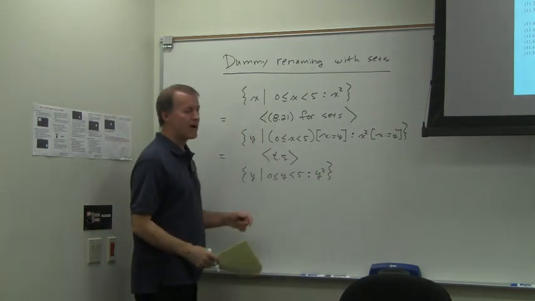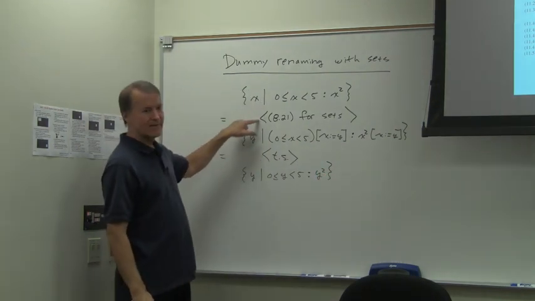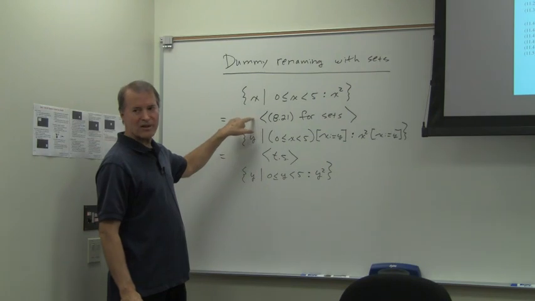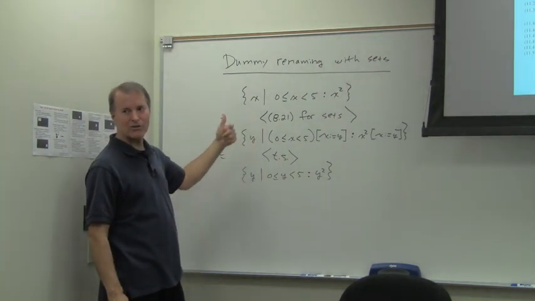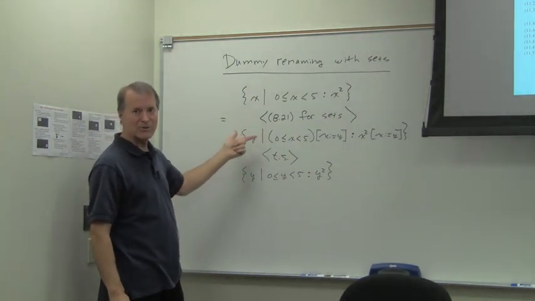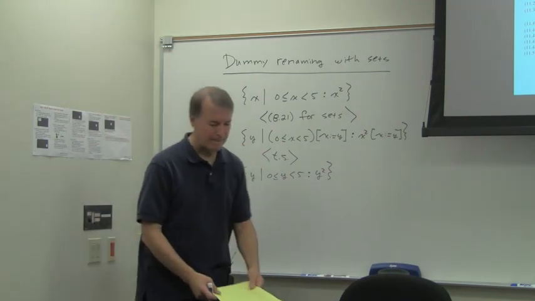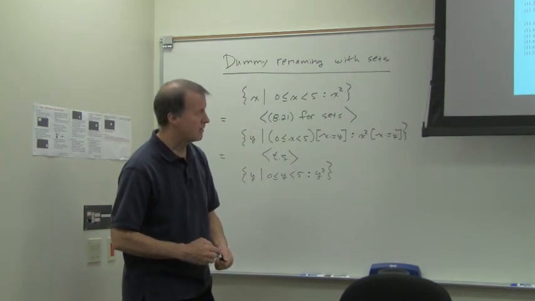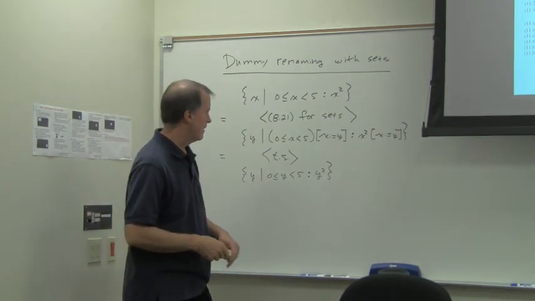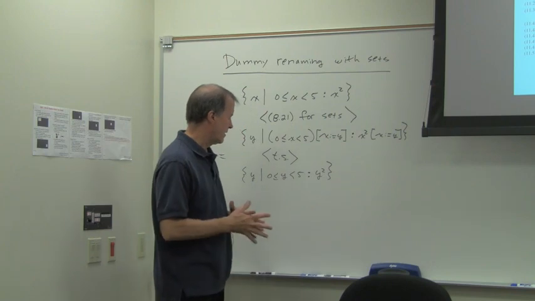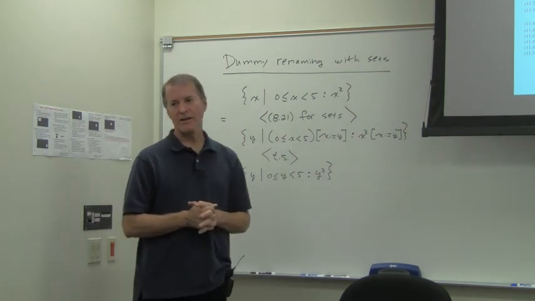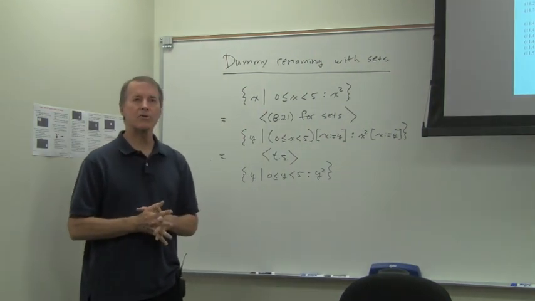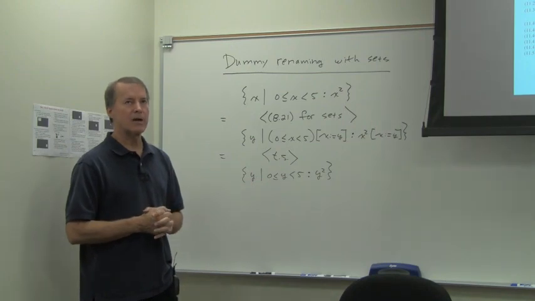So we're not going to bother to write down the version of 8.21 for sets, but you can do dummy renaming. Can we do any of those universal things, the ones with the stars, for sets? Oh, no, you can't do tradings. Well, the tradings were not general.